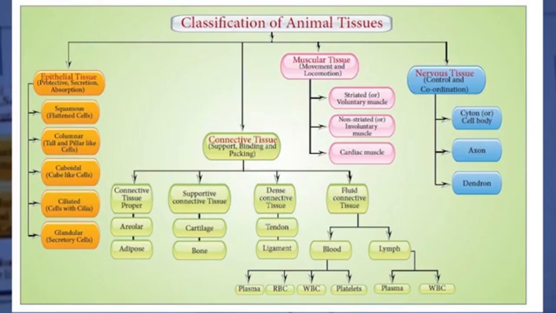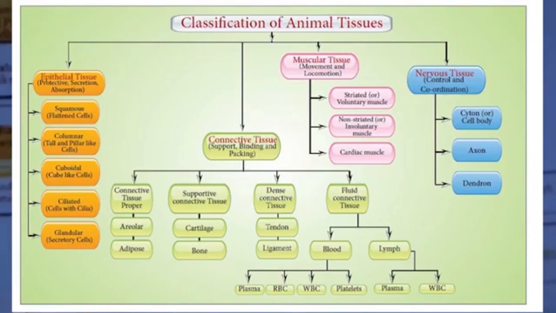Then, based on function, epithelial tissue has protection, absorption, and secretion, whereas connective tissue is meant for support, binding, and packing.